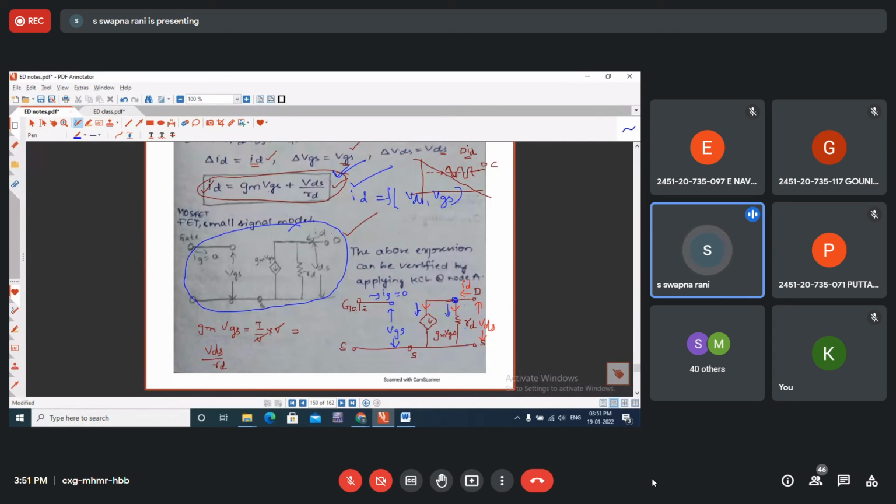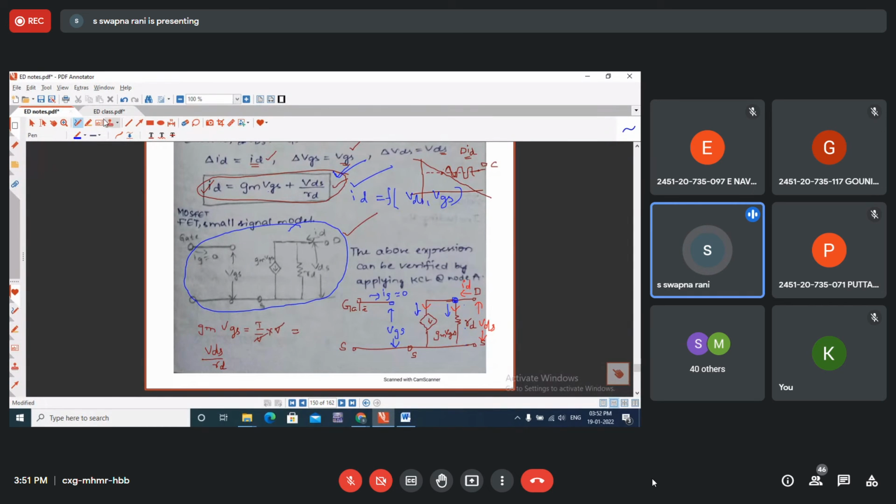Therefore, this circuit is called the equivalent circuit of FET, because it resembles the physical behavior of FET. Therefore, it is called the model of FET, small signal model of FET.